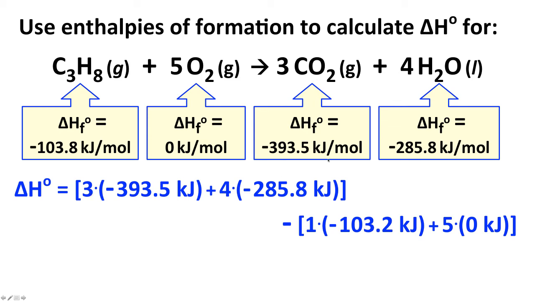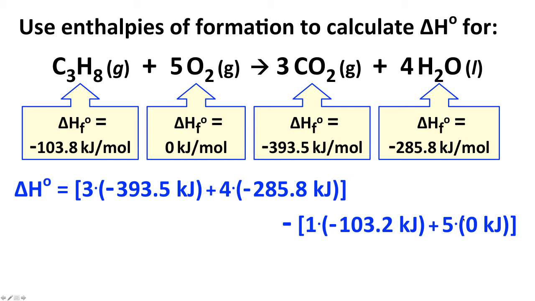Then we add the other product, H2O, which has a delta H of formation of negative 285.8, multiplied by its stoichiometric coefficient of 4 moles. Then we subtract the total of our reactants: propane, negative 103.2 kilojoules times the coefficient of 1, and then oxygen.